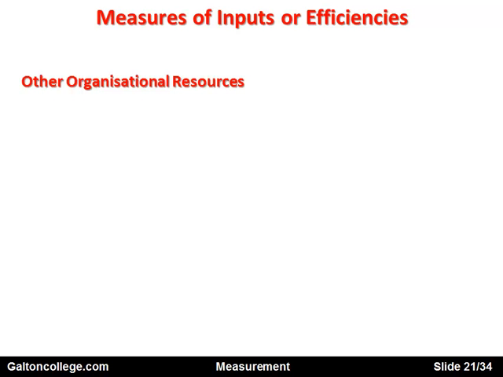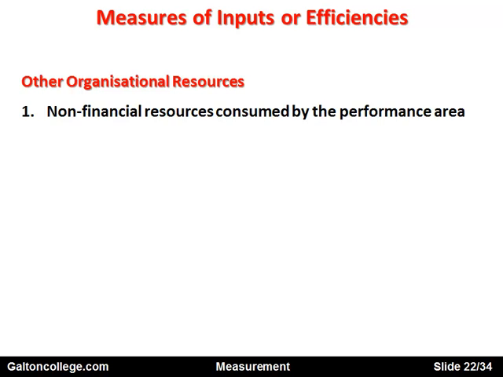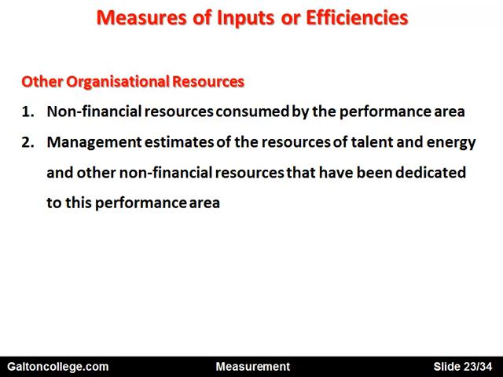The other organizational resources, well, non-financial resources consumed by the performance area. Non-financial resources could be office space, times taken in meetings, consultations, training programs. Management estimates of the resources of talent and energy and other non-financial resources that have been dedicated to this performance area.